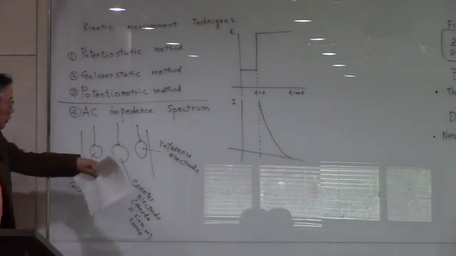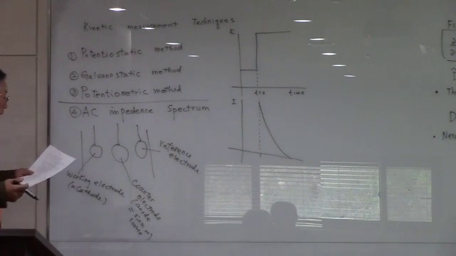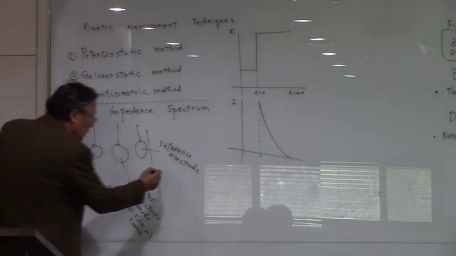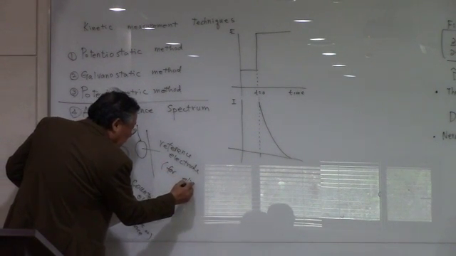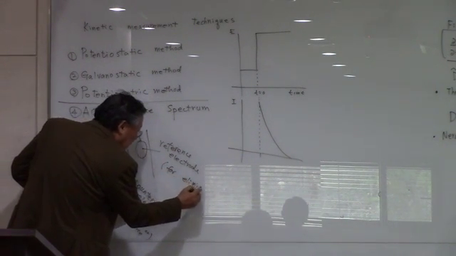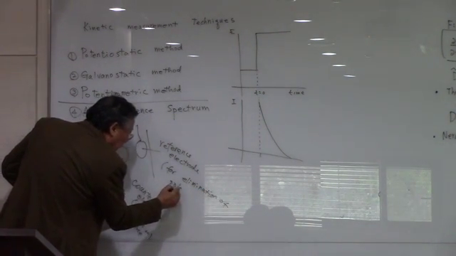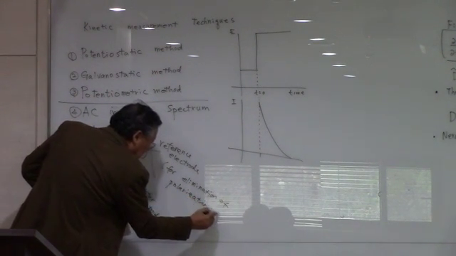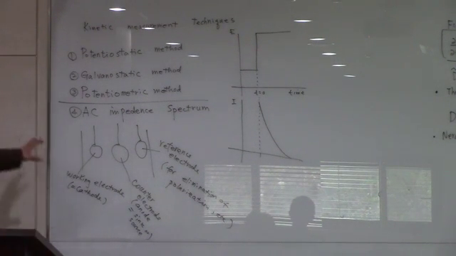The reason why we use a separate reference electrode for this measurement is for elimination of the polarization effect, etc. Okay, so that's what we usually do.